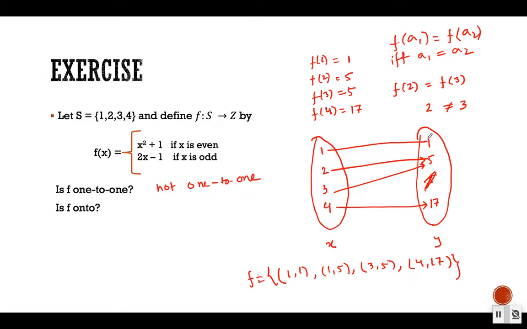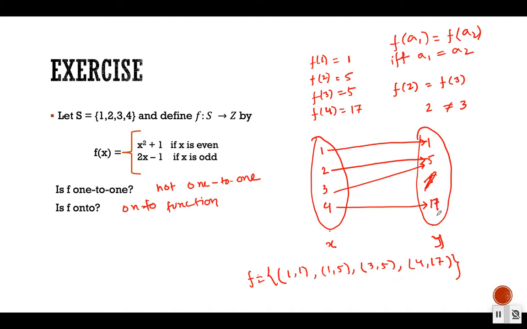Here we can see that we have an arrow to every value of our output, so every value in the output set has a solution in our set X. That means it is an onto function.